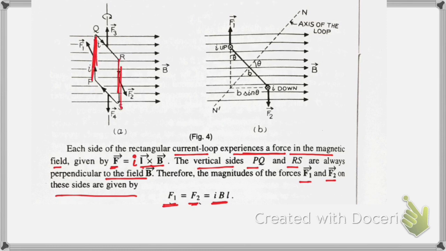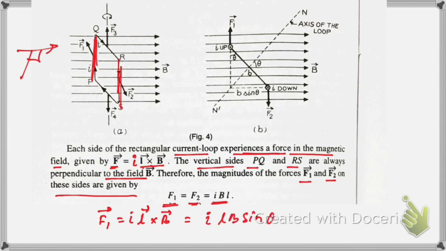So here you see these two arms PQ and RS are always perpendicular to the direction of the magnetic field, right? So as we have got F1 is small I L cross B, so cross product, it can be written as I L B sine theta.